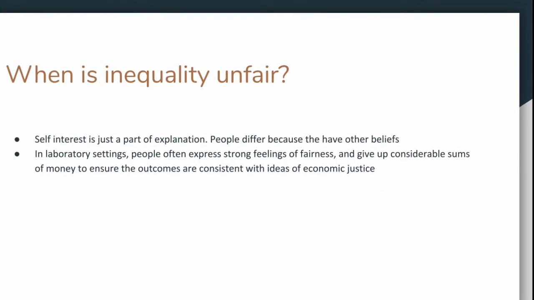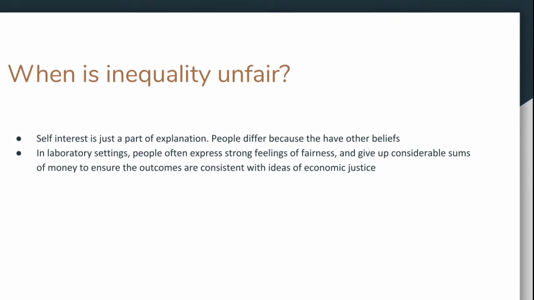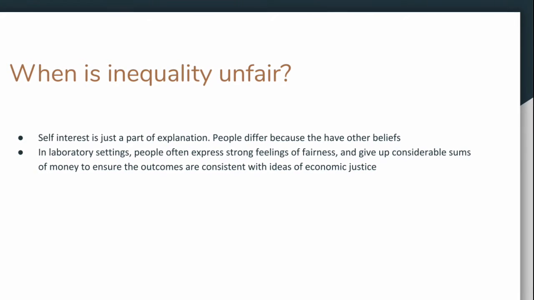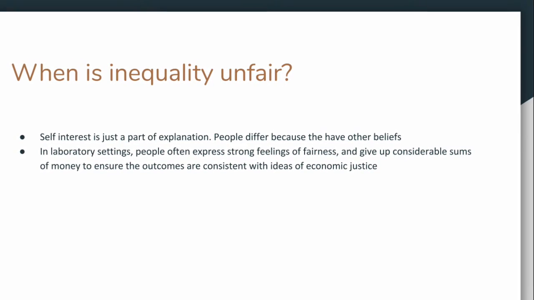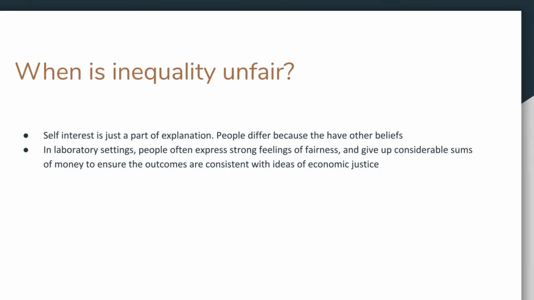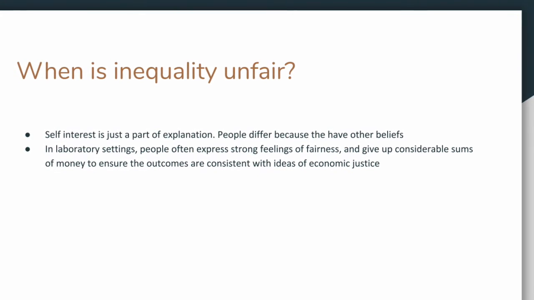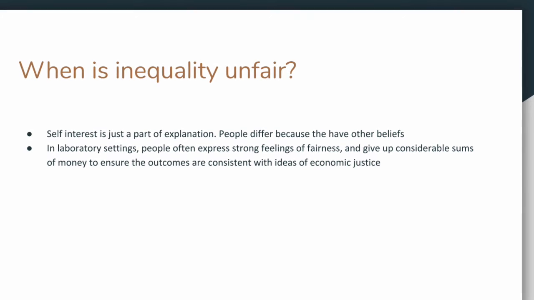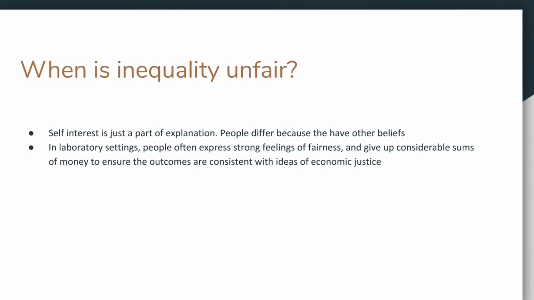So for the next slide, the first bullet says self-interest is just part of the explanation. People differ because they have other beliefs, which means that self-interest is just part of explaining yourself, but people will also differ because they have other beliefs on the subject, which is typical in almost anything.